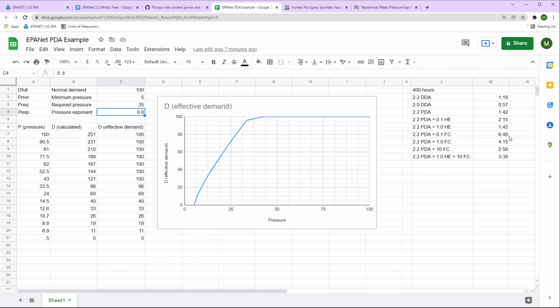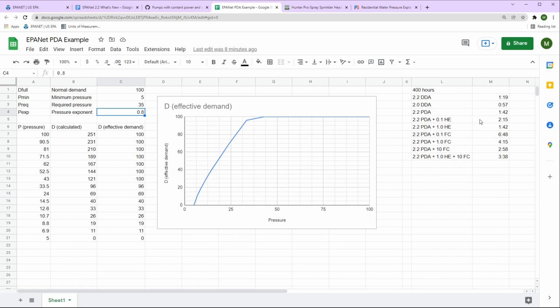We can see that if we have pretty strict convergence criteria, like 0.1 flow units, it can really get up there depending on what thresholds you set, and that's on top of the pressure dependent overhead, because in the pressure dependent one, you're having to recalculate all of the demands every hydraulic time step that the model solves.